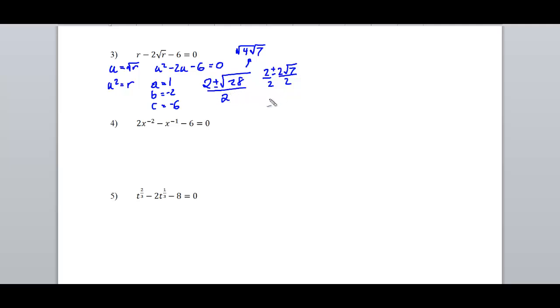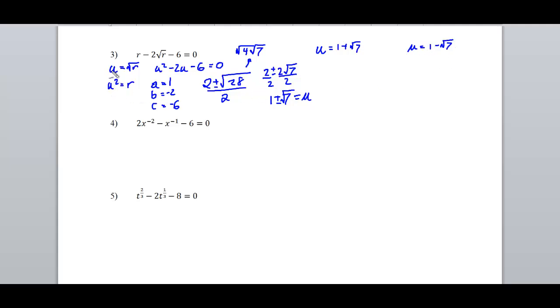So what this gives me is 1 plus or minus the square root of 7 is equal to u. Oh, sorry, square root of 7. Big difference between 7 and square root of 7. So I've now got two answers for u. U is either going to be 1 plus the square root of 7, or u is going to be 1 minus the square root of 7.